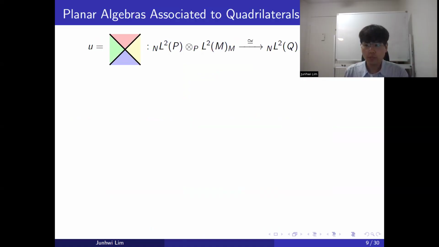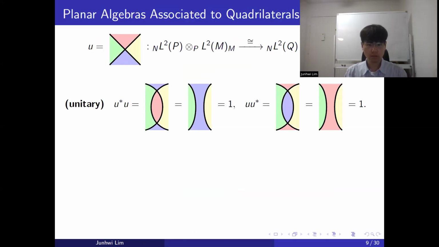To resolve this problem, we introduce a unitary isomorphism between two tensor products. And the unitarity can be represented as these two relations. Whenever you have a diagram, and you want to take the adjoint, you just flip the diagram upside down.